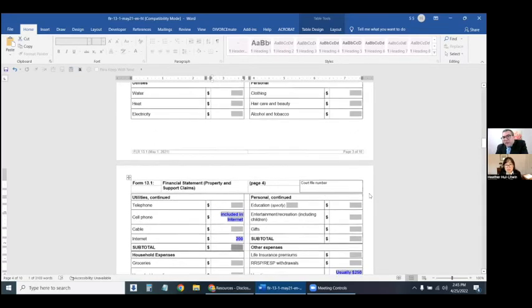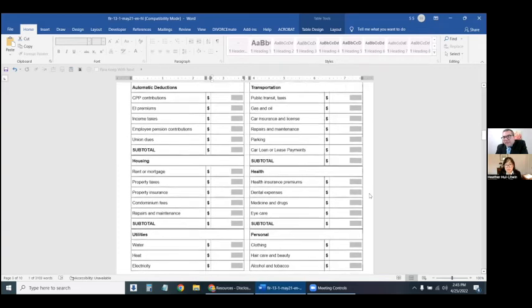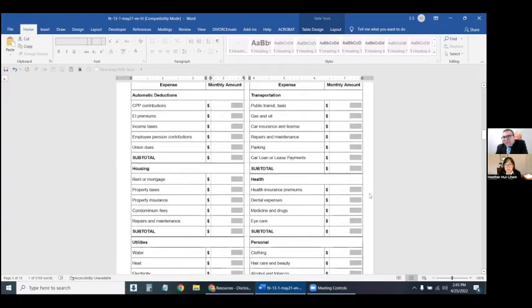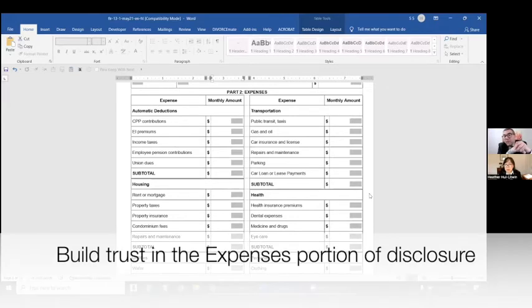In fact, I've seen some people in mediations, especially, say skip the expenses page, don't worry about it. And I'm actually a very big proponent of not skipping the expenses, because the best way I could say it is that it's in the expenses that you build credibility and trust for the rest of your financial statement. Okay, so let me explain how that works.